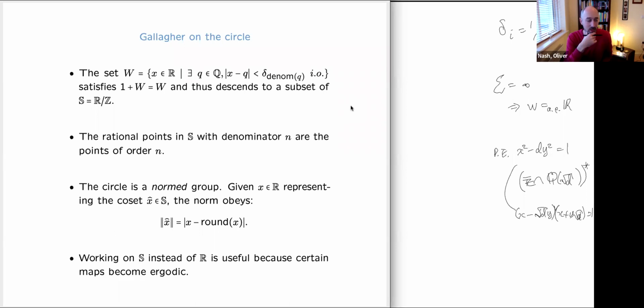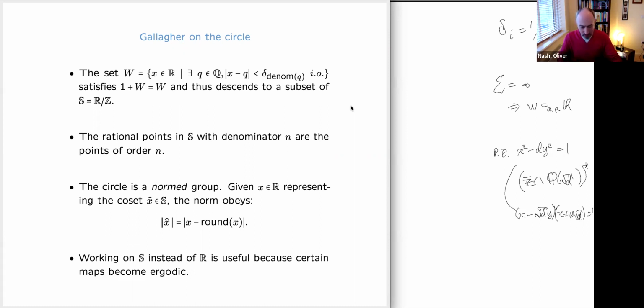This is a totally straightforward but important thing to do. So we've got this set W, and this is the primary object of concern in Gallagher's theorem. It's those real numbers with these rational approximations relative to the input sequence delta. So it's obviously translation invariant.